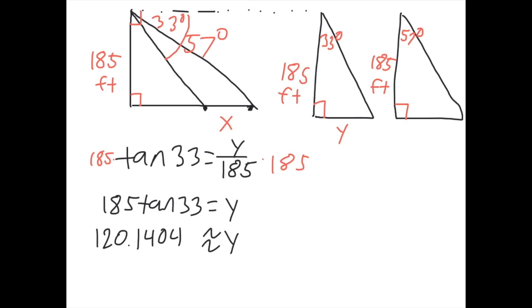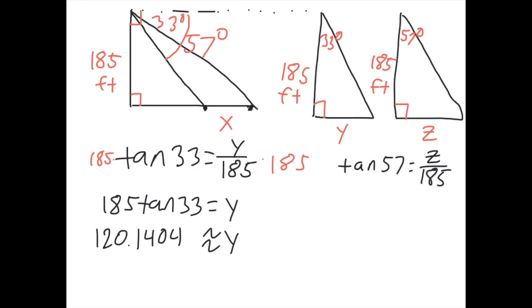Now you want to do the same thing in the other triangle. Let's just call this z. So we have tangent of 57 is equal to z over 185.